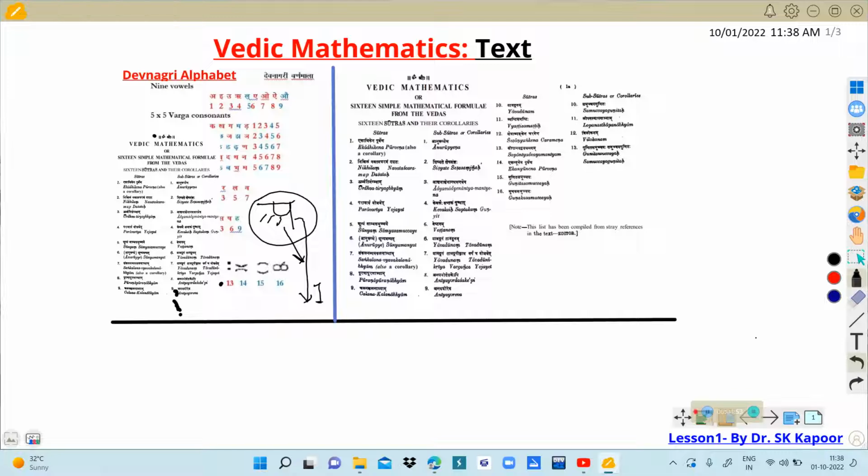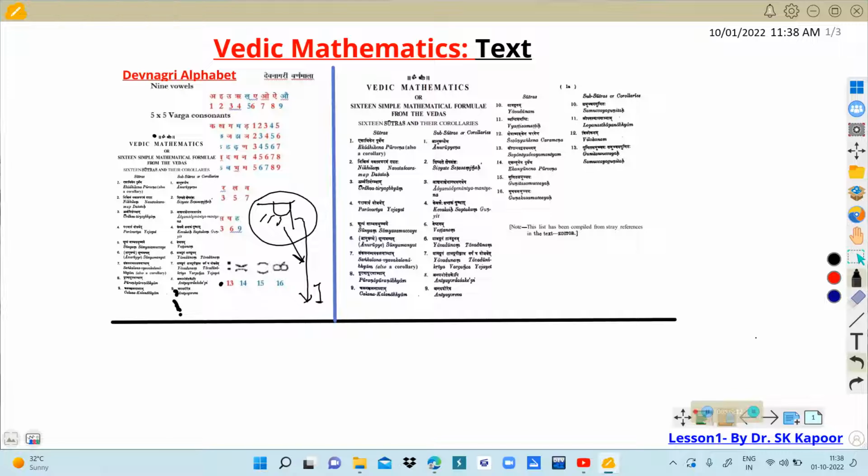Therefore, till we are firm in our mind about the number of the letter, till then we have to stick to this form.